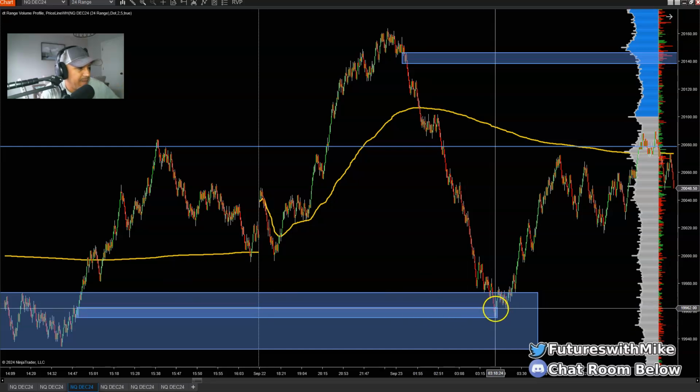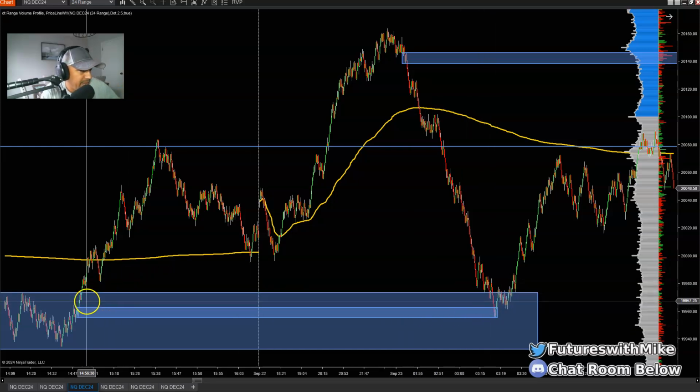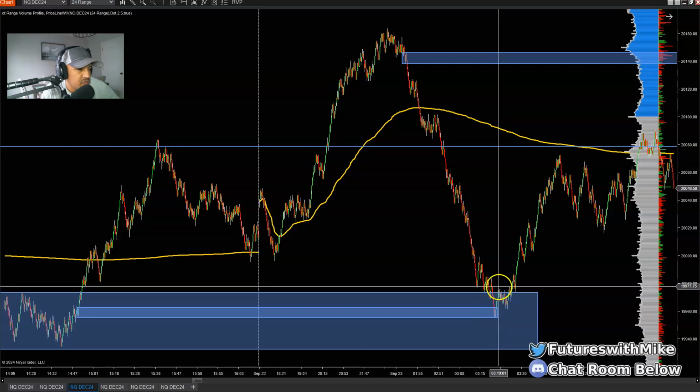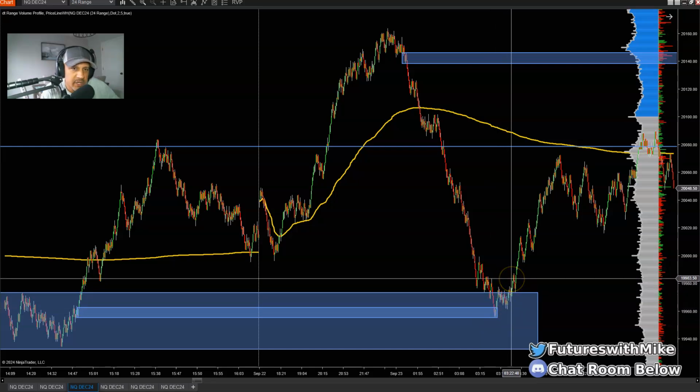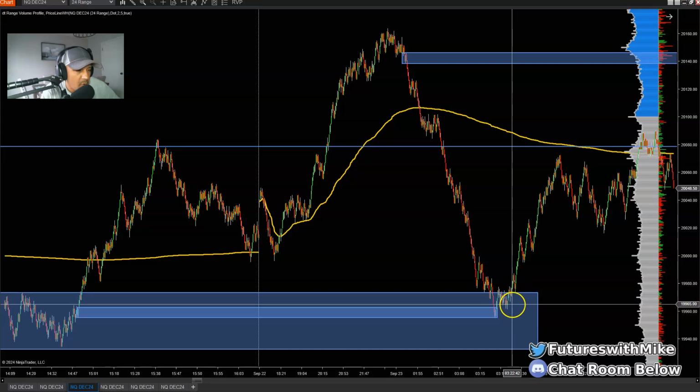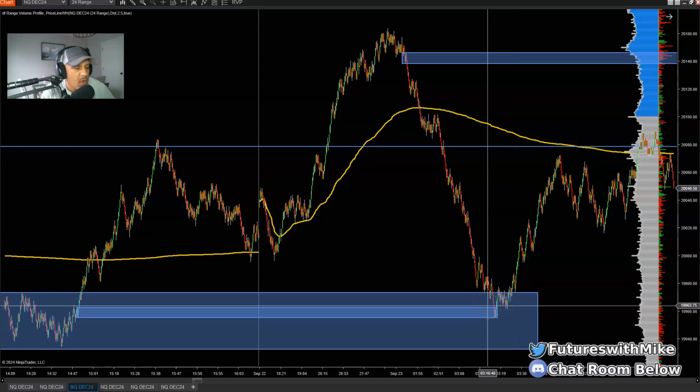So if it tapped into the zone here and we didn't have the smaller zone, then I'll look to see if there's a structure break to the upside on the 24 range, and then a pullback to that demand zone that just formed on the 24 range.